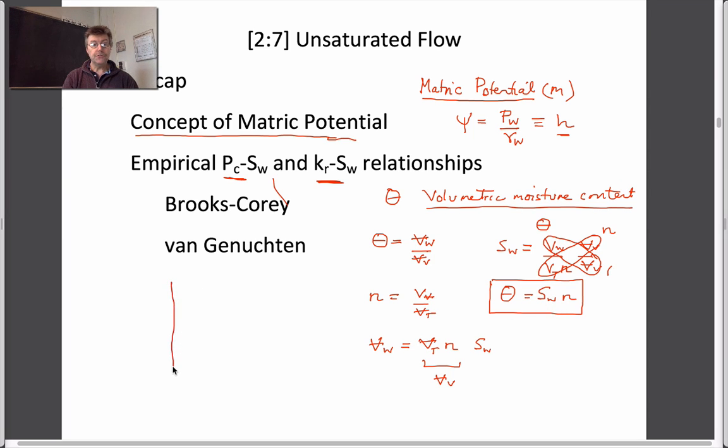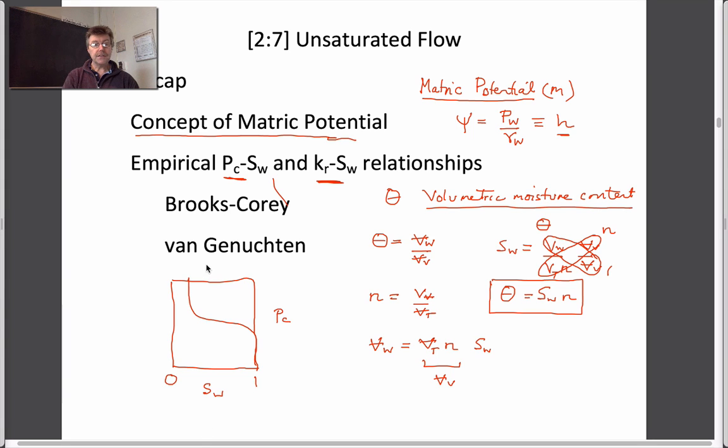So that if we drew capillary pressure curves versus saturation, then they would look like this. This would be capillary pressure. This would be saturation of water. They would look like this. This is no different from what we've done before.